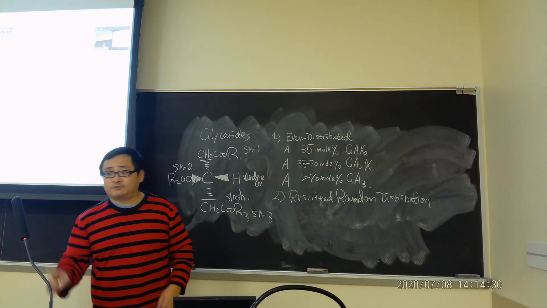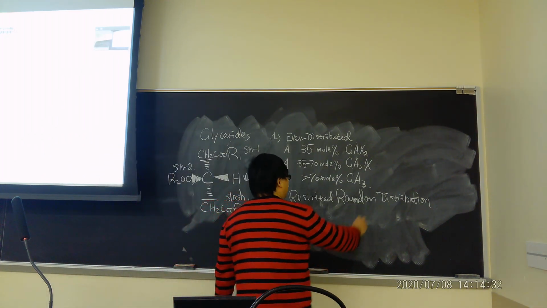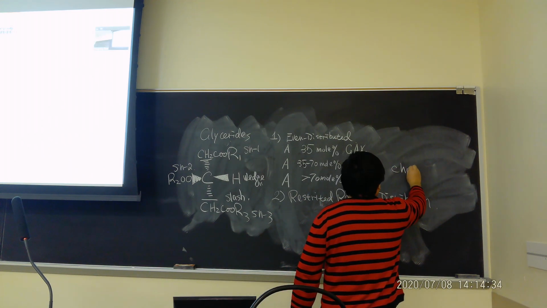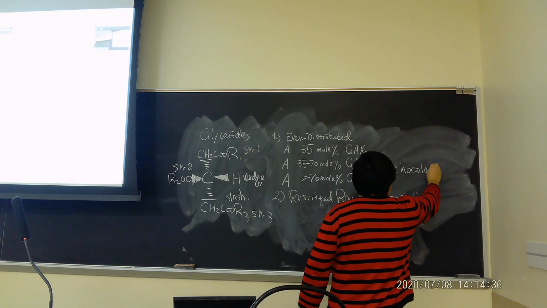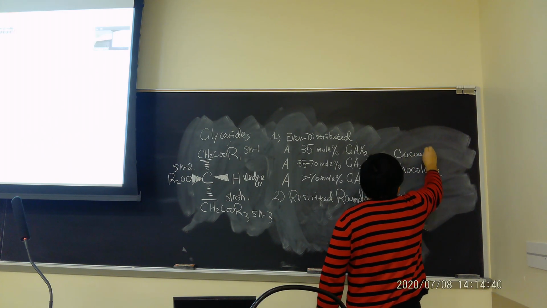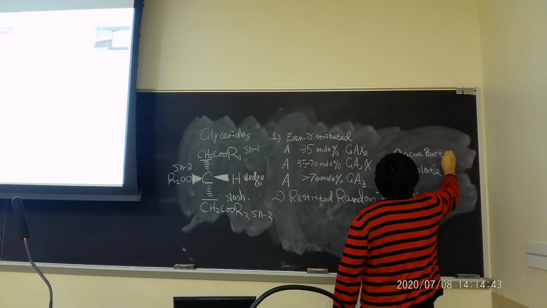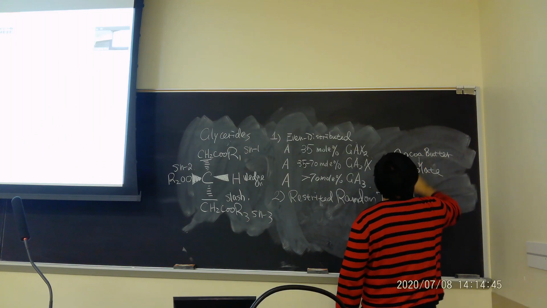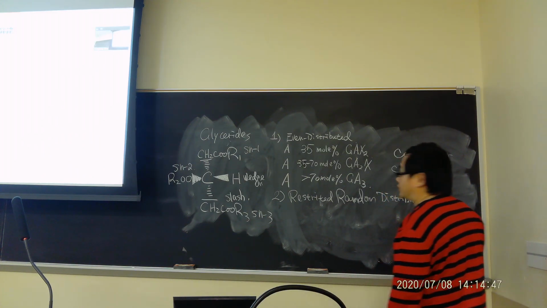What is cocoa butter made for? Do you know? Did you ever eat chocolate? Cocoa butter is a major raw material to make chocolate.